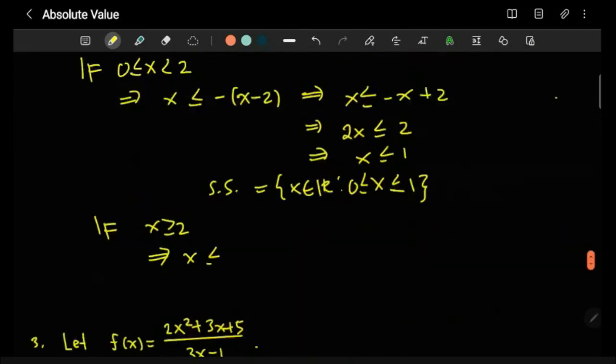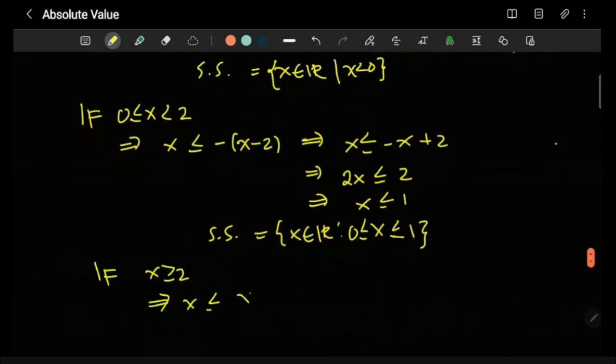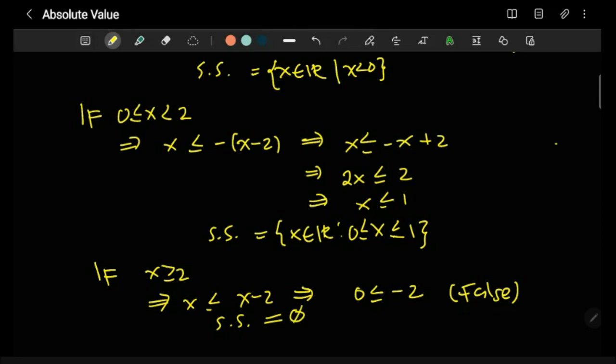So, the absolute value is just x minus 2. But this is the same as 0 is less than or equal to negative 2. Well, that's always false. Diba? Mali yan eh. So, kung false yun, ano solution set doon? O, de empty. Kasi no x satisfy the inequality.